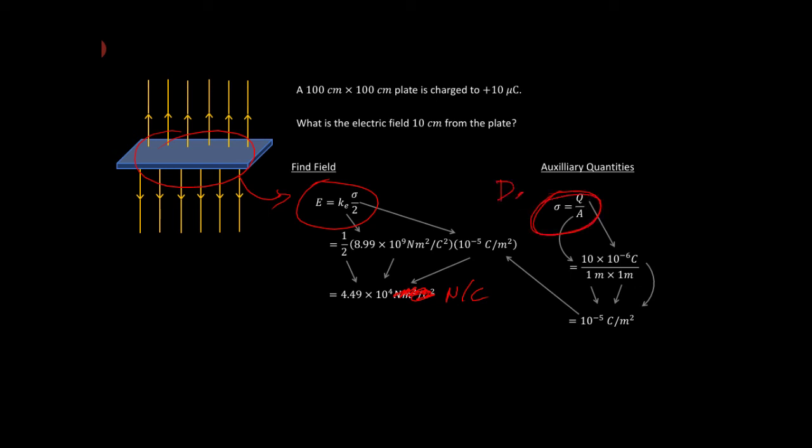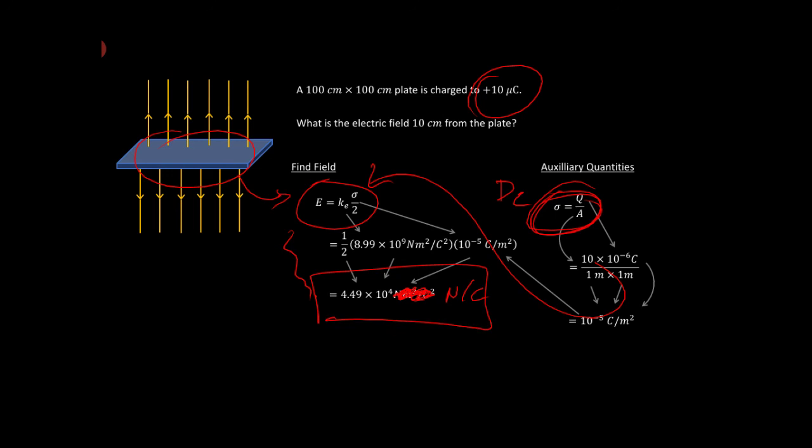This was the same as the D2, or assuming this is an insulator or something like that, it's completely charged, it's completely uniform, just for our purposes. And once I find that, I can just put that in here and do a little bit of math and end up with 4.5 times 10 to the 4th newtons per coulomb, or 45 kilonewtons per coulomb.